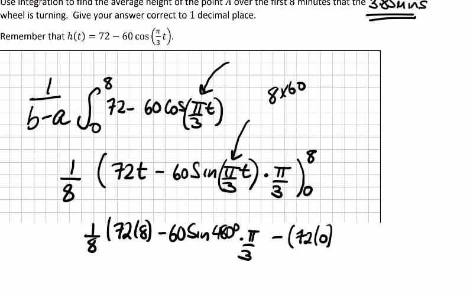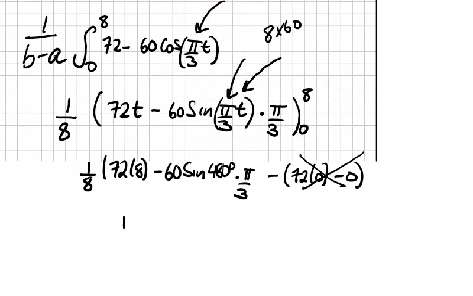Well, the sine of 0 is going to go in here, isn't it? So the sine of 0 is equal to 0, so it's actually going to be just 0 minus 0. So we don't need this part. So 1 over 8 of 576 minus 60 times the sine, this is giving me 54.42.